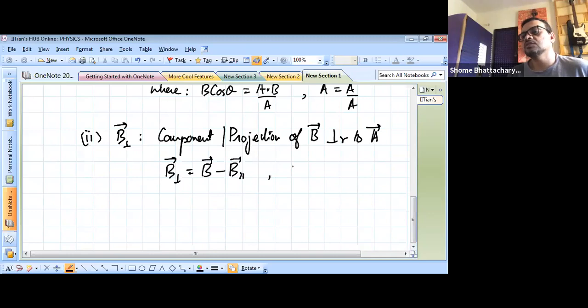Or its magnitude is simply B sin theta, which can be calculated using the formula root of B square minus B parallel square. This is the magnitude of that projection, whereas this is the projection in vector form.